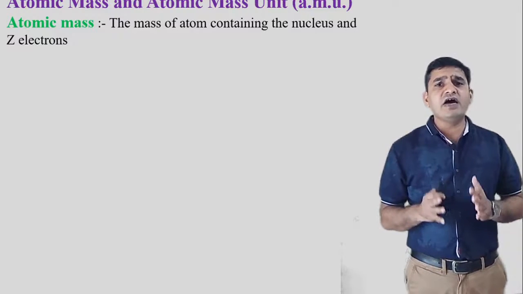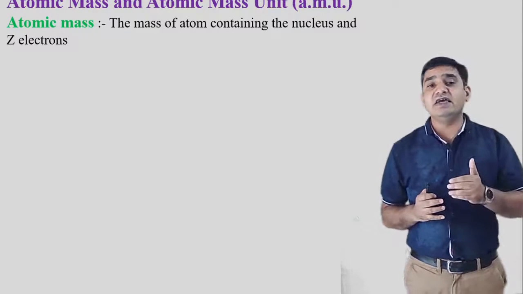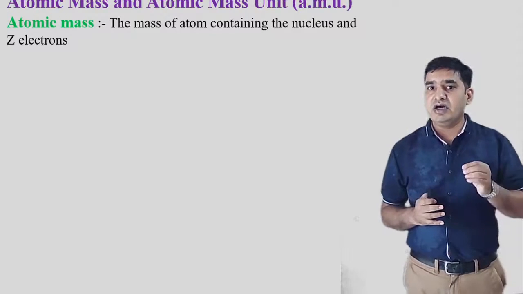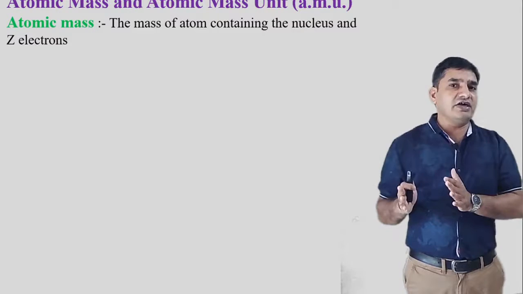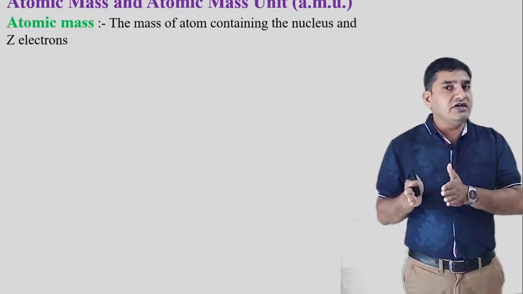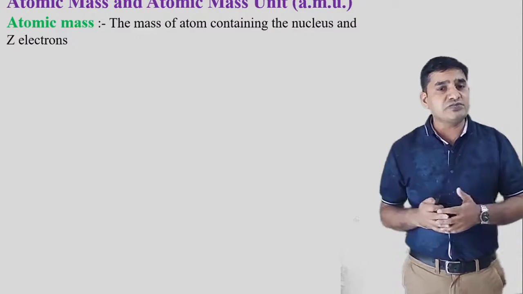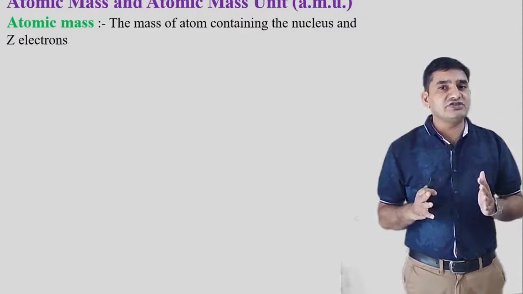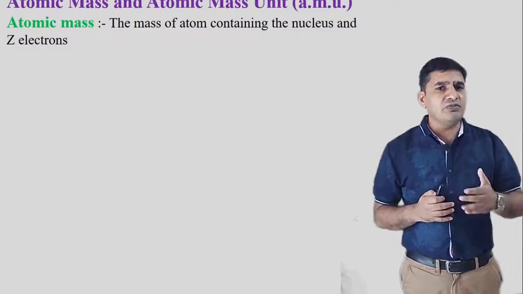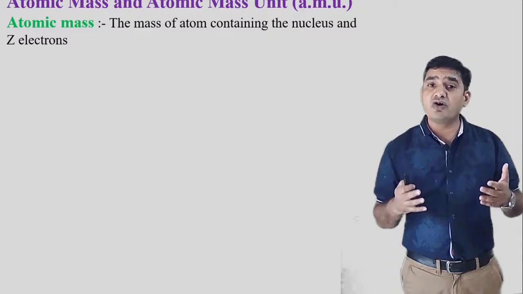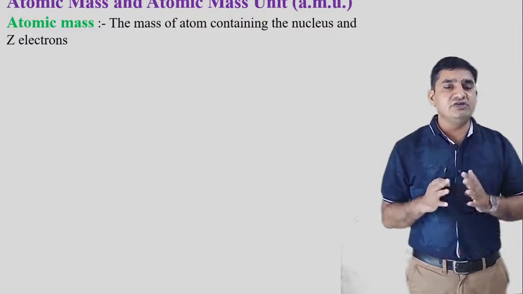Atomic mass is the mass of an atom containing a nucleus and Z electrons. In a nucleus, we know that there are positive charged protons and chargeless neutrons. Z represents the atomic number, that is the number of electrons or the number of protons present in a nucleus.